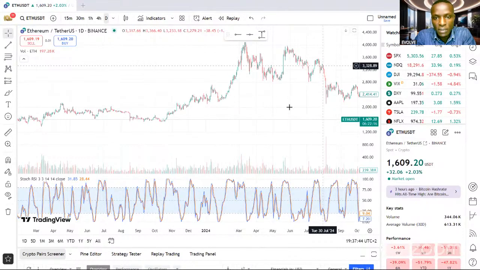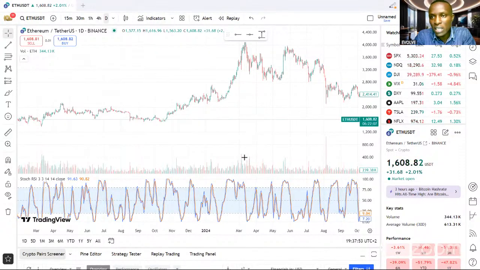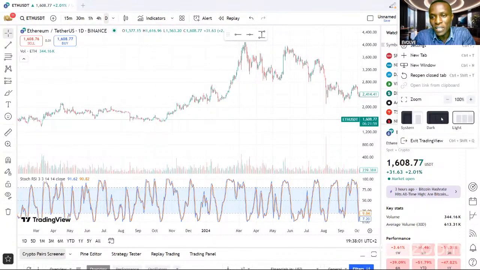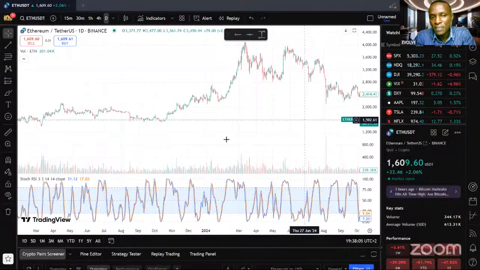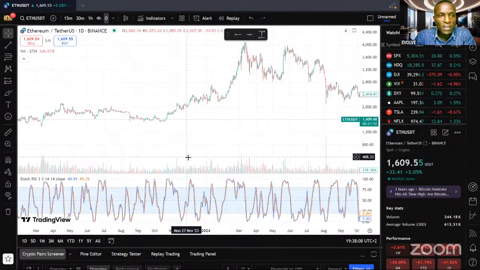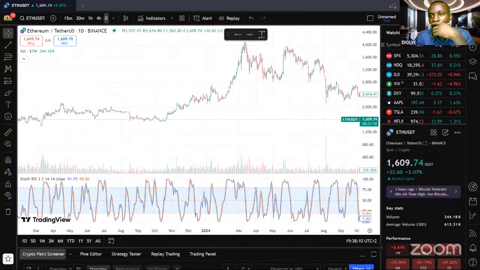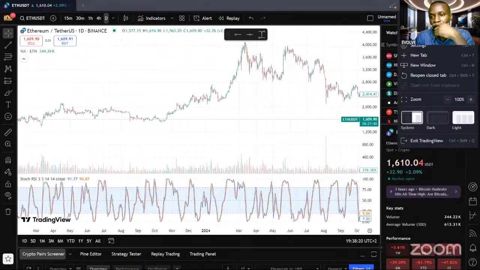Let me see. Is it visible? Yes is for what? People are now used to typing yes. So the screen has remained in dark mode. Let me see if we can get it in dark mode.